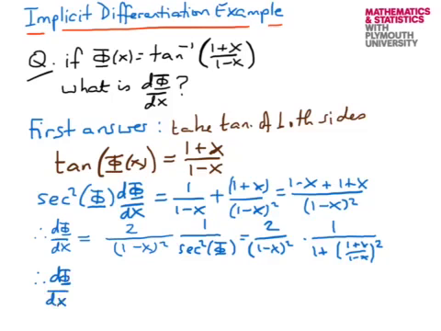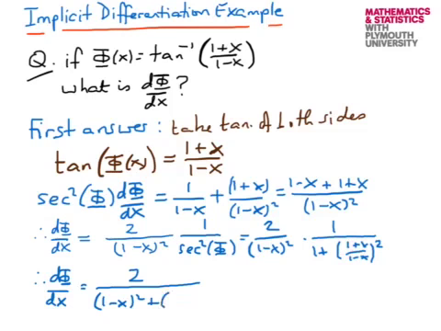dx is 2, that's our numerator, over 1 minus x all squared, that's from this multiplying the 1, plus, and then when this multiplies this ratio, the 1 minus x squared and the 1 minus x all squared here will cancel, and I'll be left with the numerator here, 1 plus x all squared.